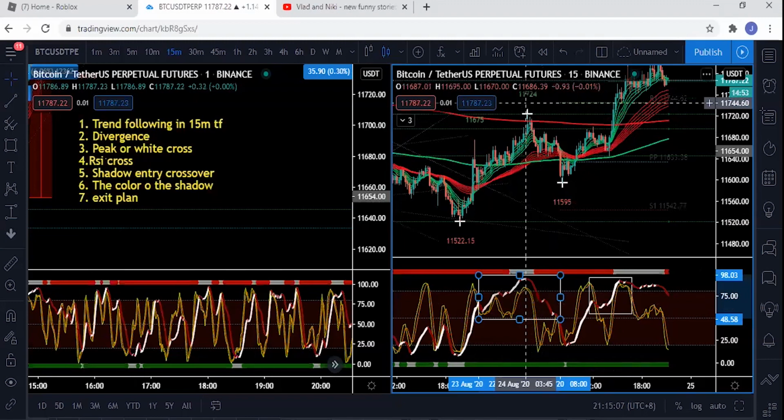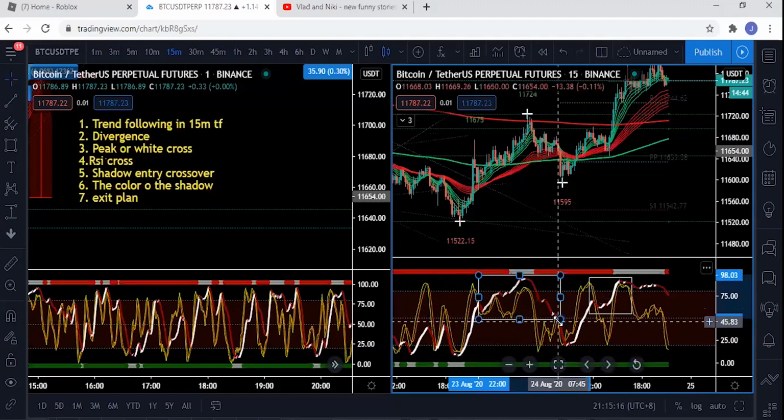Then you see a cross already, and the shadow is pointing down, and then it crosses below our 50 RSI. From this area, when the shadow reaches the 60 to 55 area, 60 to 50 area, there will be a possible change in our trend.